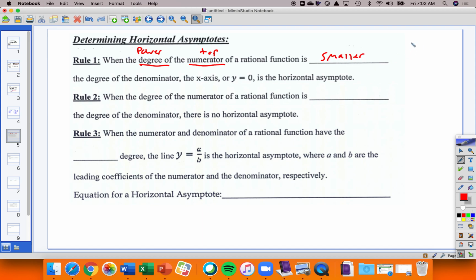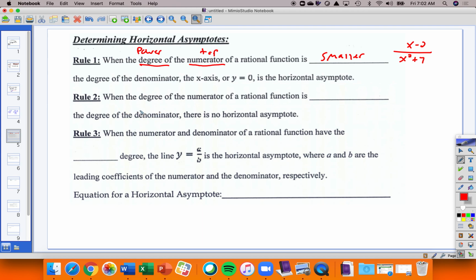So for example, x minus 2 over x squared plus 7. The degree of my numerator is 1. The degree of my denominator is 2. So the degree on top is smaller than the bottom, and therefore the horizontal asymptote here is y equals 0. It's just the x-axis.